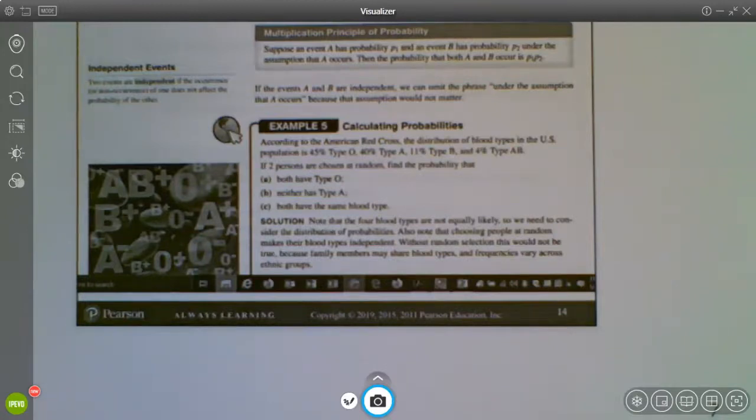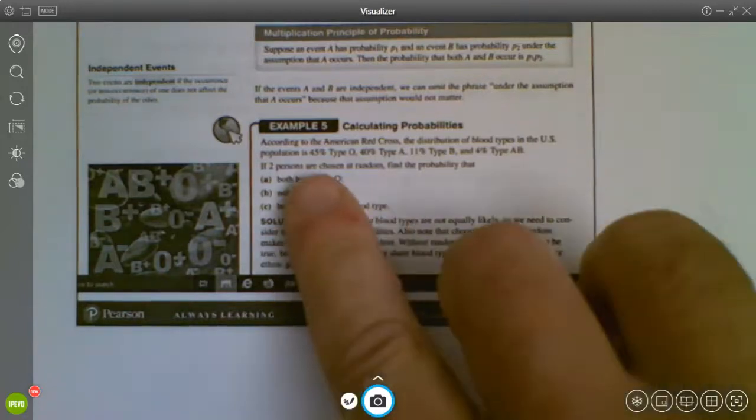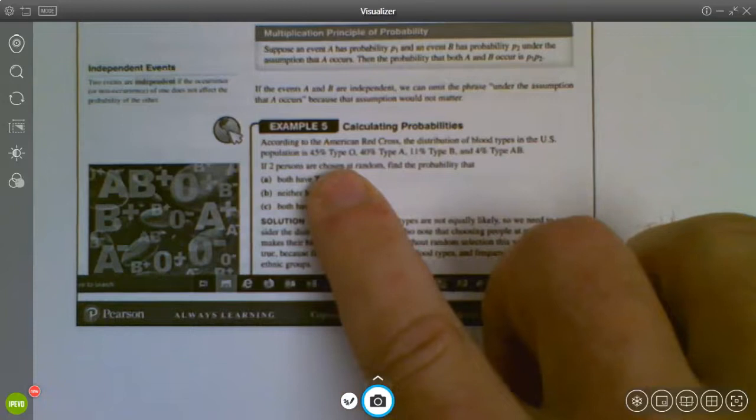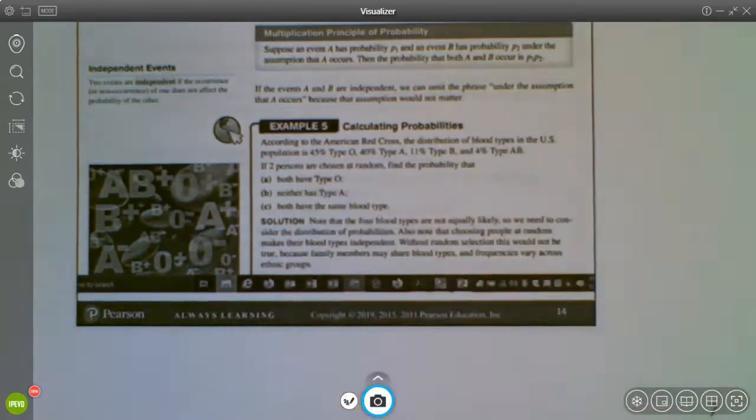Well, if I were to look at two people, if the first person I get has type O, does that have any impact on the second person I get? Definitely not, right? Because it's 45% that a person is type O, and that's not going to be affected by somebody else that I looked at.